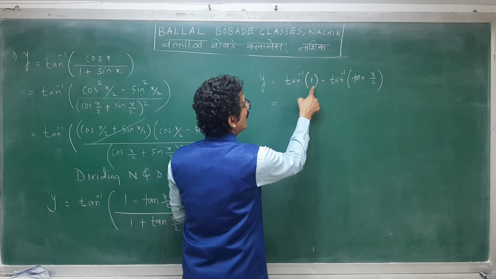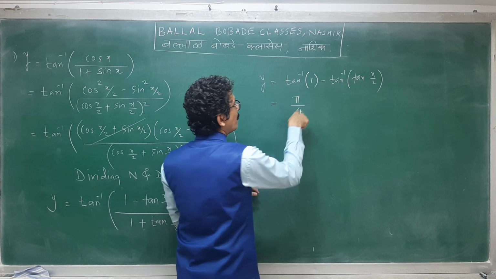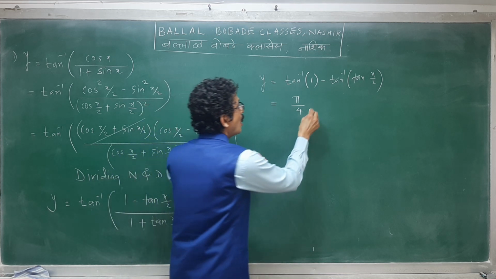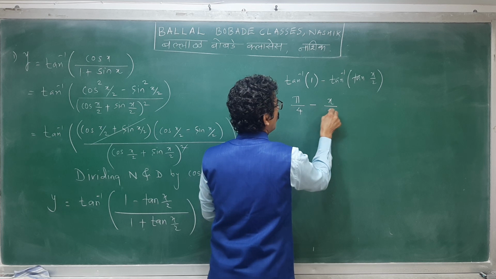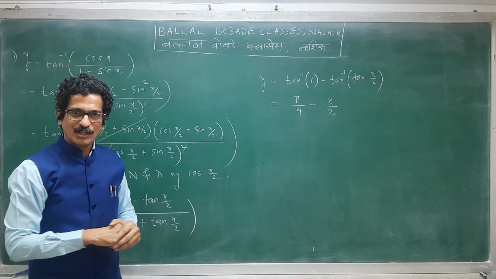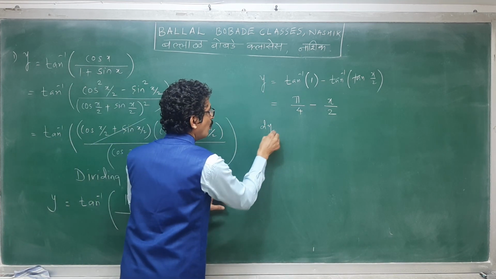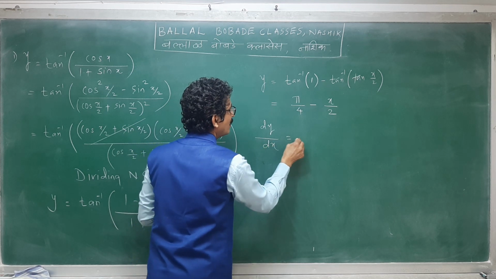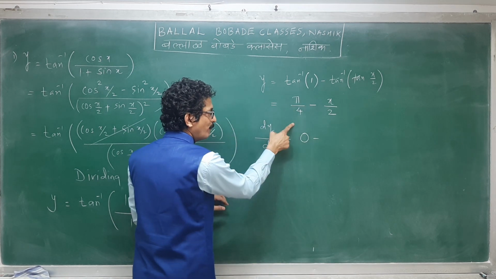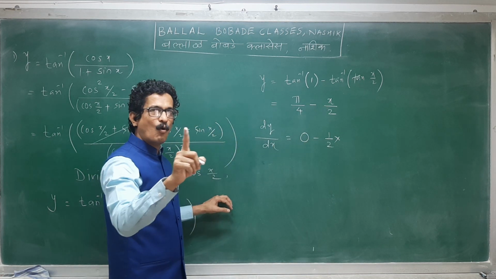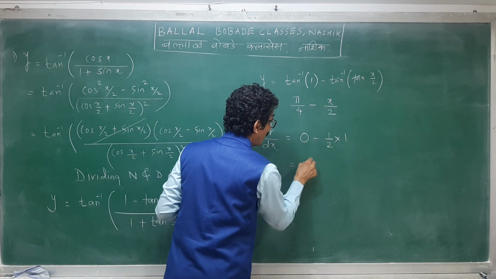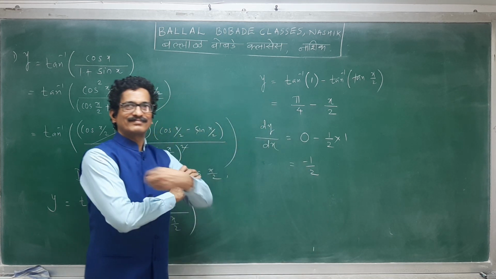Now what is tan inverse 1? It is pi by 4. Everybody knows that. Minus, what is tan inverse of tan? It gets cut. What remains is such a simple expression where you can differentiate y with respect to x as 0 for pi by 4 and half into, what's the derivative of x? 1. So it is the final answer.